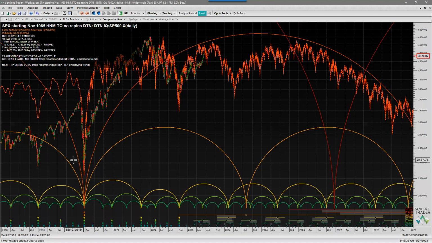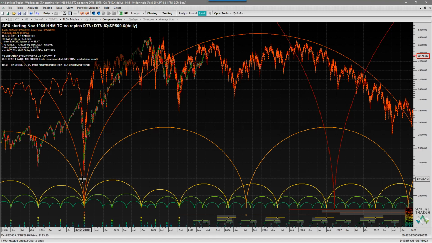And part of it is based on the fact that stock markets have a tendency to bottom in spikes, but they have a tendency to top in a rounded fashion. And that is exactly what the Hurst cycle analysis is predicting is going to occur over the next few years.